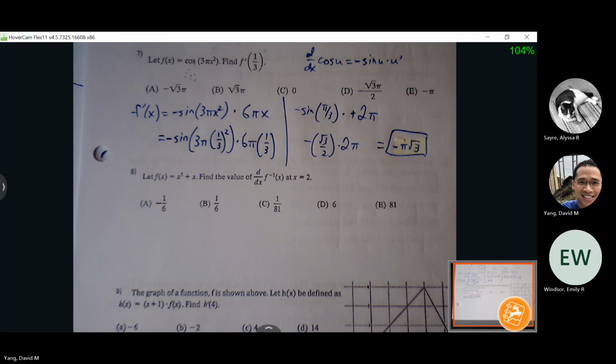Now f prime of 1, plug 1 in for the slope. Find the slope. So if the slope here is 6, then the slope I'm looking for is what? Find another one.